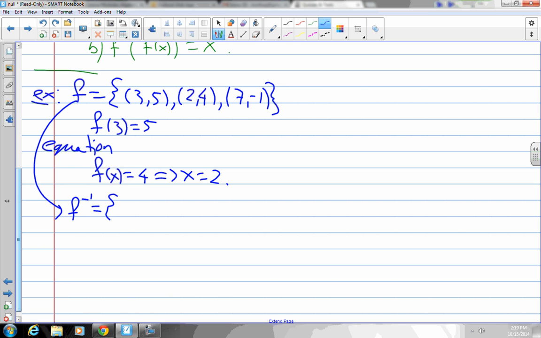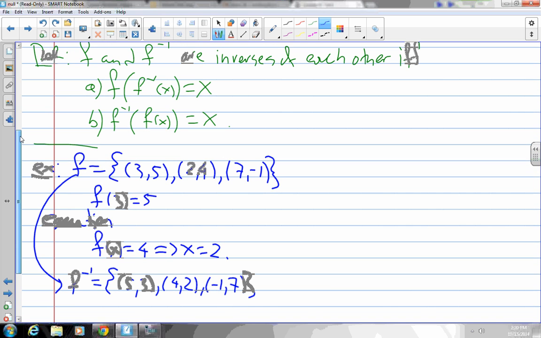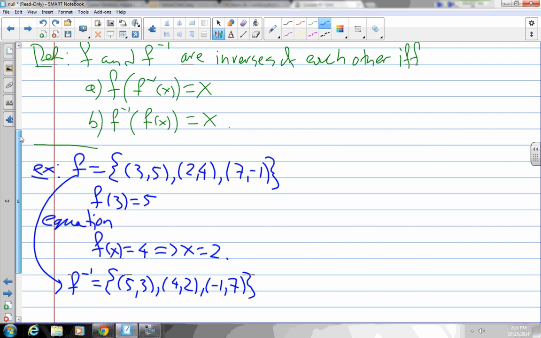Well, the inverse function of this function, f inverse, is actually the same ordered pairs, only in flipped order. It is (5, 3), (4, 2), (-1, 7). So the order of x and y changes. And that kind of makes sense. I mean, all I did, I just flipped x's and y's. So domain and range got interchanged.